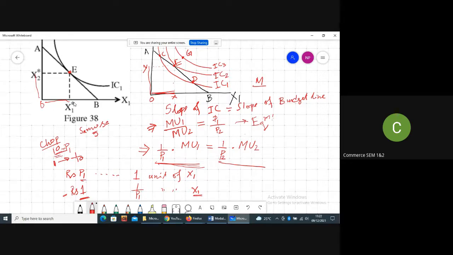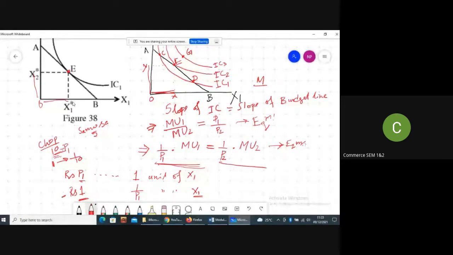The utility if he spends the extra 1 rupee on commodity 1 will be exactly the same as the additional utility if he spends it on commodity 2. So we get this equality. That is why this is the equation of equilibrium, also called the necessary condition of equilibrium. Fine.